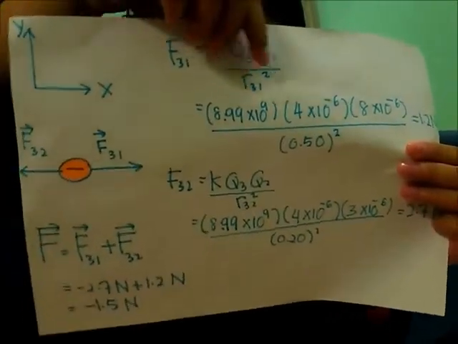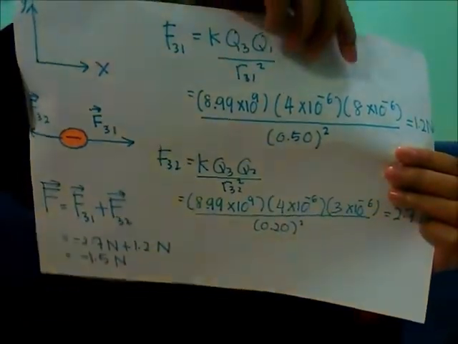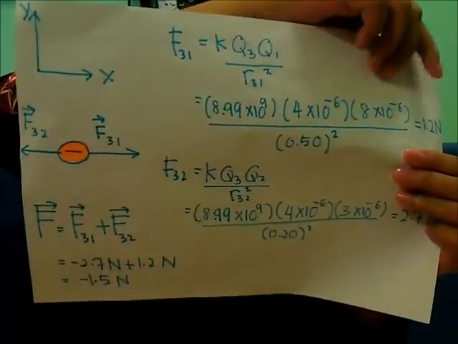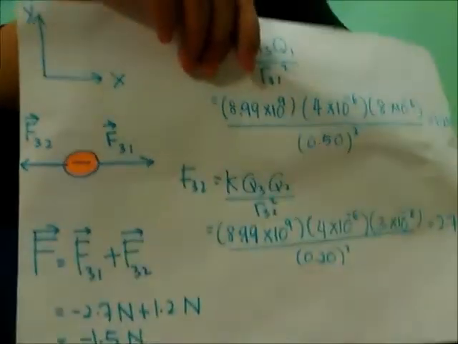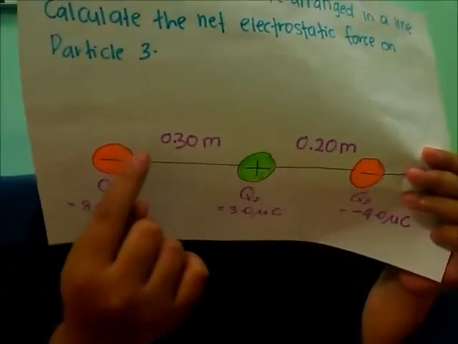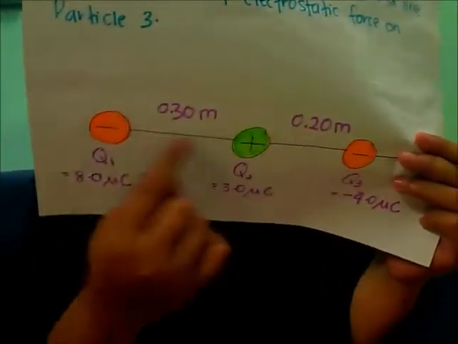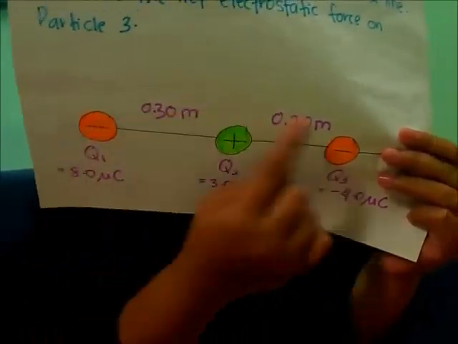The charge on Q3, 4 times 10 to the power of negative 6, and Q1, 8 times 10 to the power of negative 6, over the distance r squared. The distance between Q3 and Q1: make sure you add these two numbers, 0.3 plus 0.2, then you get 0.5. Make sure you avoid this kind of silly mistake. Then you get the answer, 1.2 Newton.